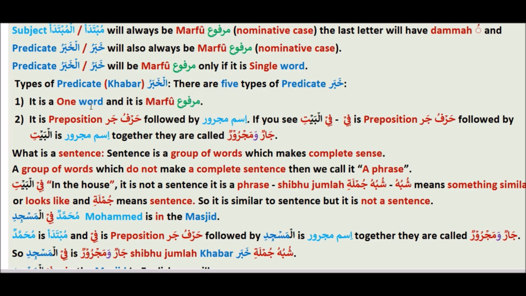It is one word and it is marfu. It is a preposition, harfu jar, followed by ism majroor. If you see, fi al-bayti, fi is a preposition, it's harfu jar, followed by al-bayti, it is ism majroor. Together they are called jarun wa majroorun.